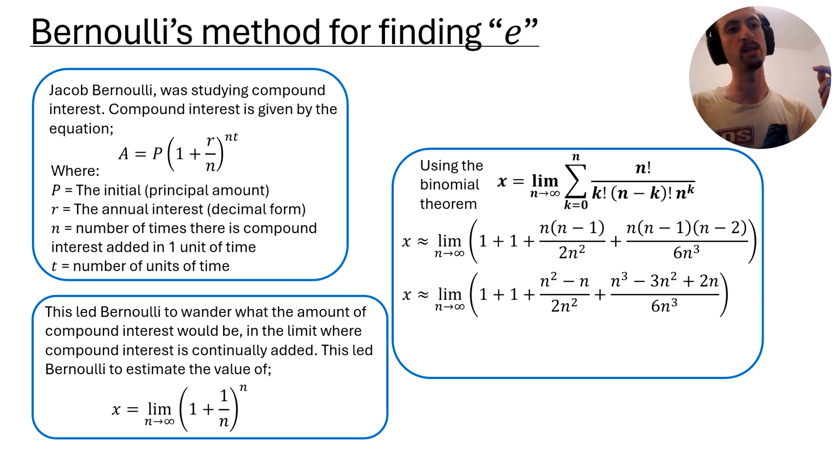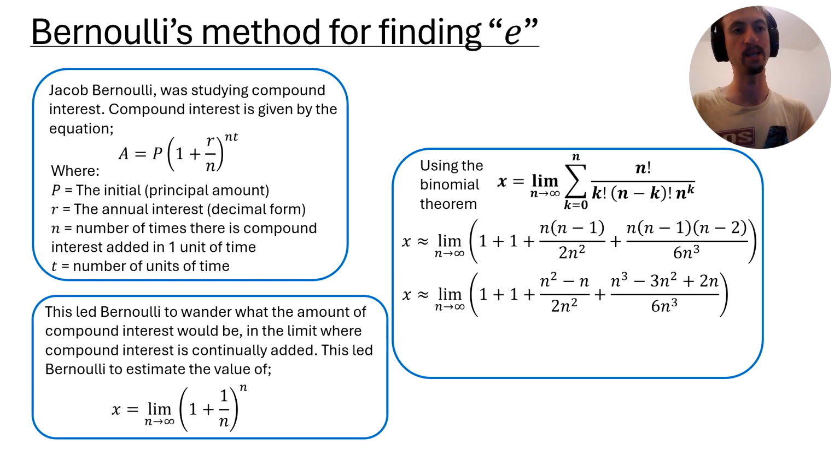The n squared over 2n squared, our n squares will cancel out, and we'll have a term that is independent of n, whereas our minus n over 2n squared will give us a term that does depend on n, which will vanish, so go to 0 as n goes to infinity.